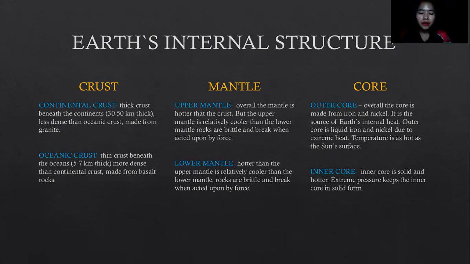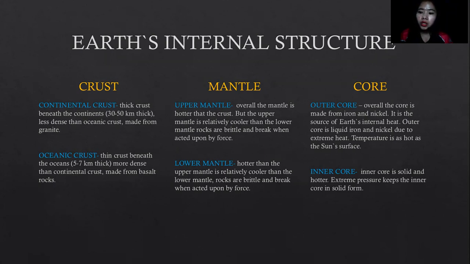is coming from there. So the inner core is solid while the outer core is liquid. So outer core is made from iron and nickel. So it is the source of the Earth's internal heat. Outer core is liquid iron and nickel because of the extreme heat.